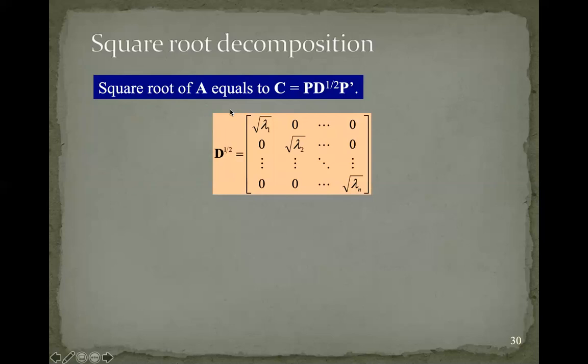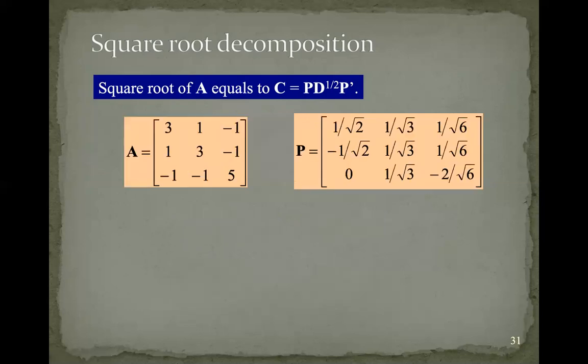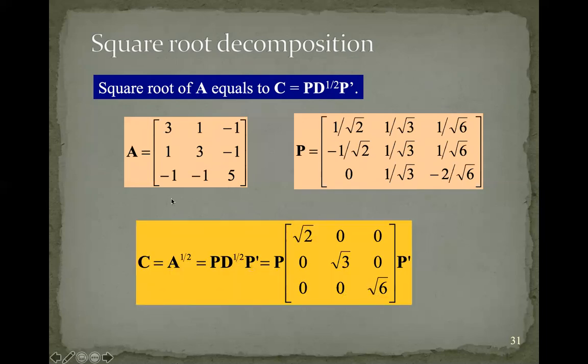If I'm looking for the square root of the matrix A, then with the same theorem, we can decompose it into the orthogonal matrix P multiplied by the diagonal matrix of the square roots of the eigenvalues, multiplied by the transpose of P, and that is the square root of A. So let's see if we can decompose the square root of the matrix A. Simply take the square root of all of the lambda values and multiply by the orthogonal matrix.